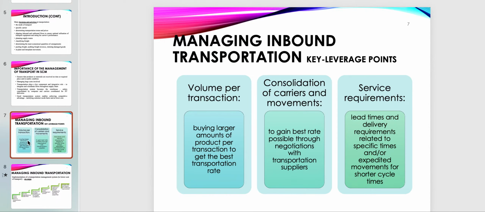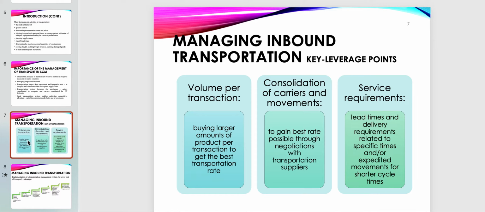Now, managing inbound transportation. There are three key leverage points. The first is volume per transaction, in terms of buying larger amounts of product per transaction, obviously buying in bulk, in order to get the best transportation rates. Then consolidation of carriers and movements in order to gain the best rate possible through negotiations with transportation suppliers.